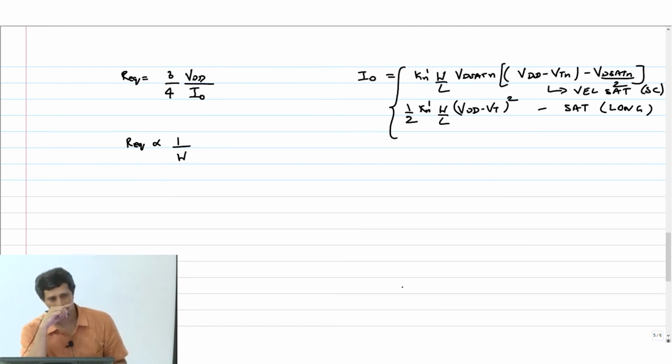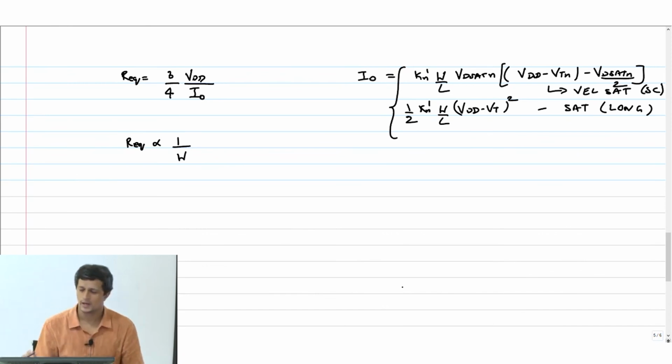So therefore, if I double the width of a transistor, then the resistance of the transistor drops by a factor of 2, right? Or the resistance becomes 50% of what it was earlier. So this is one key technique that we will use. If you want to reduce your resistance, then you upsize the transistor, and that is what this equation is also telling us, right?